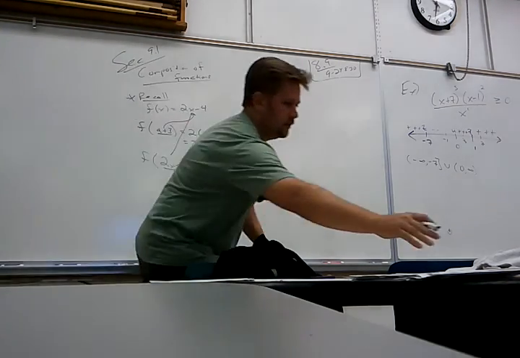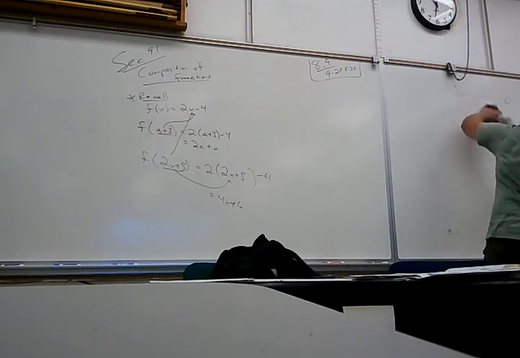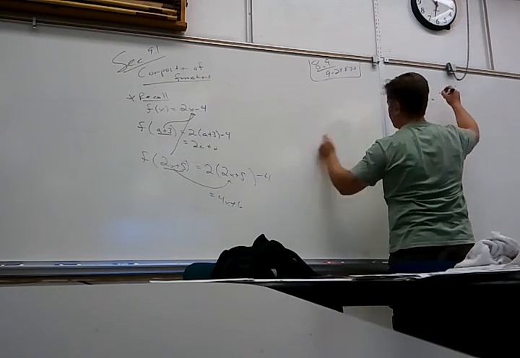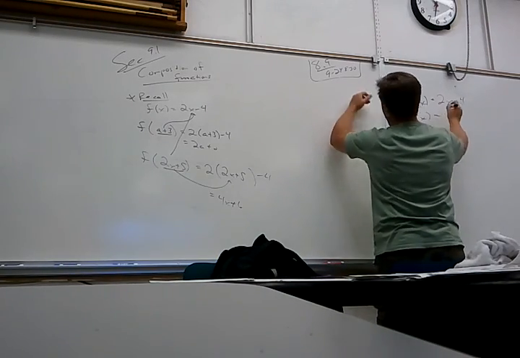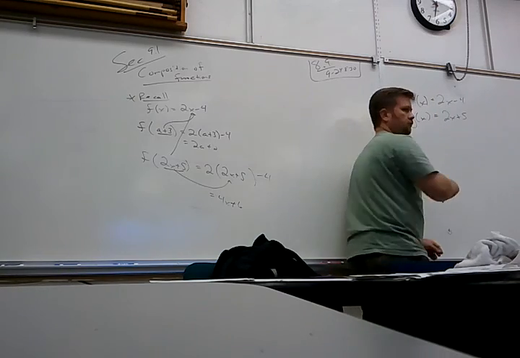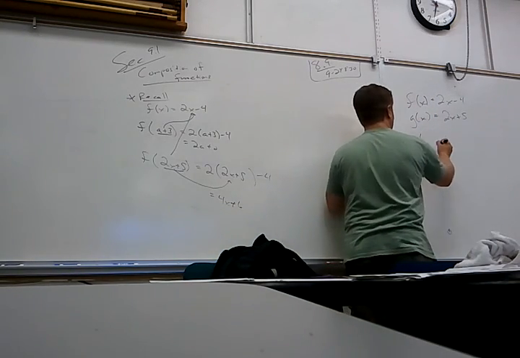So, why is it a problem? You can tell I probably have had issues with this in the past. Why is it a big deal if I say, okay, what if f of x is 2x minus 4? G of x is, oh, I don't know, 2x plus 5. What is f of g of x?